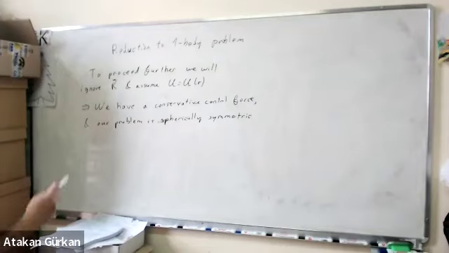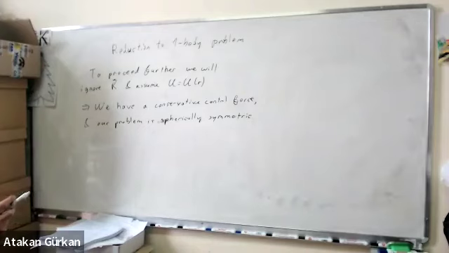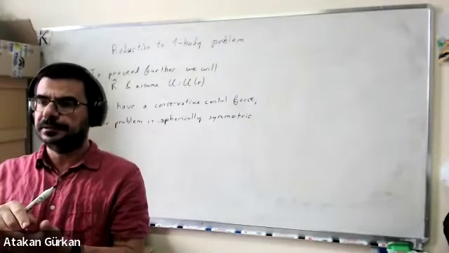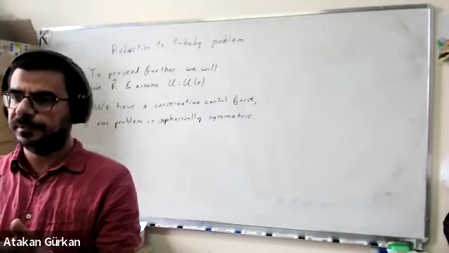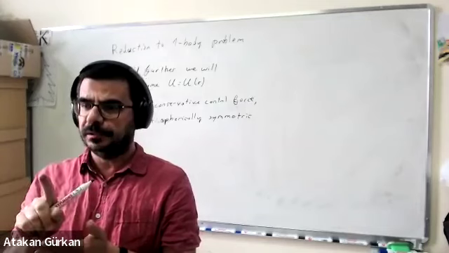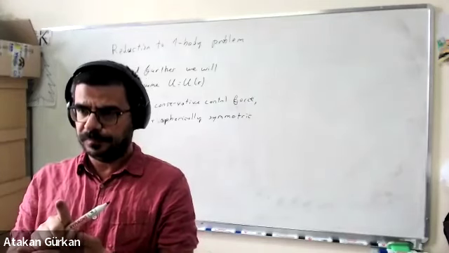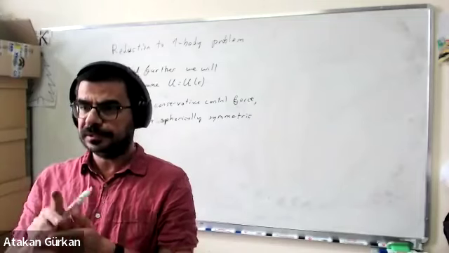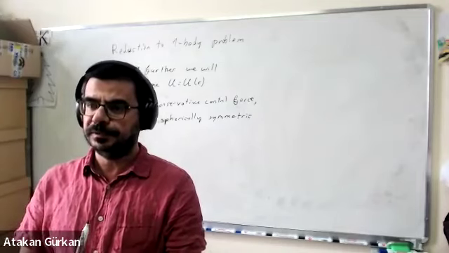Now, if the problem is spherically symmetric, every component of angular momentum has to be conserved. If a problem is spherically symmetric, it means there is rotational symmetry around every axis. And we showed that if there is rotational symmetry around an axis, then the angular momentum along that axis is conserved. Now, this for a spherically symmetric system happens for every axis.